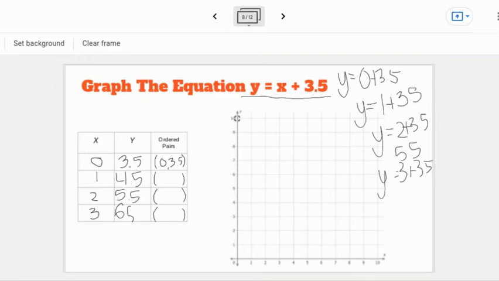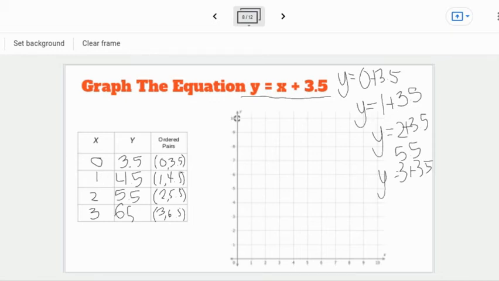The next one, x is 1, y is 4.5. x is 2, y is 5.5. When x is 3, y is 6.5. Okay, now go over to one of your graphs on your piece of paper, pause the video, get it graphed, and then let's compare.